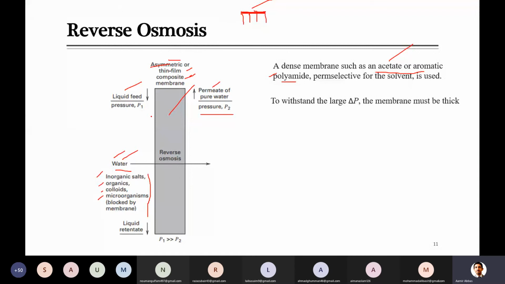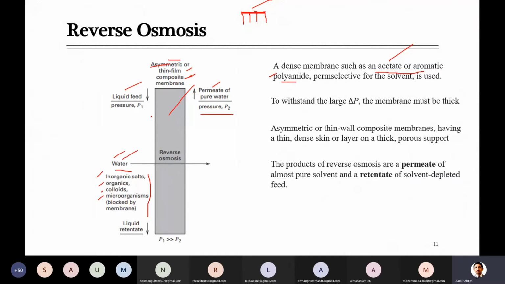As I already told you, to withstand the high pressure exerted to move this water through the membrane, the membrane must be thick. A thin surface works as the separating layer, and then it is coated on another membrane which can be a porous support, either micro or macroporous.